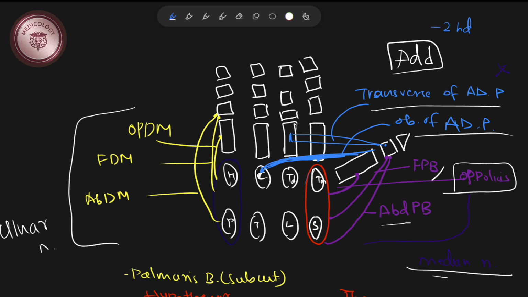Now, if there is a patient with an injury of the radial nerve, of course the extensor muscles of the thumb will be affected. So in radial nerve injury, we can see the extension, that is applied on the backside of the thumb, is reduced. So among all these fingers, in which finger can we see all three injuries?